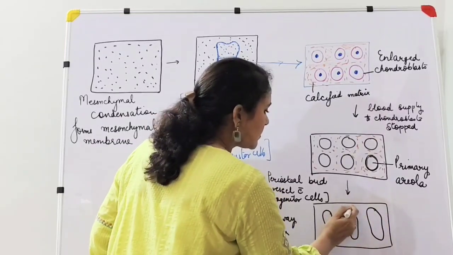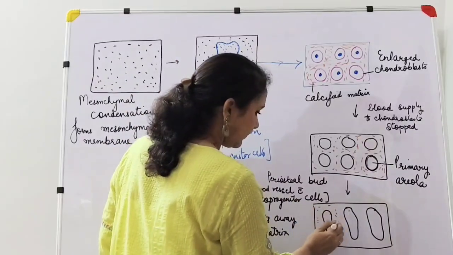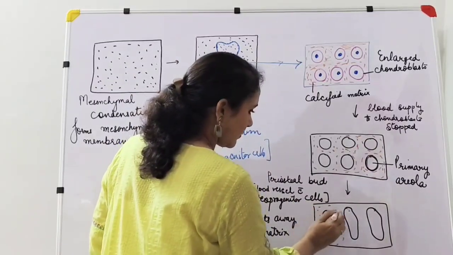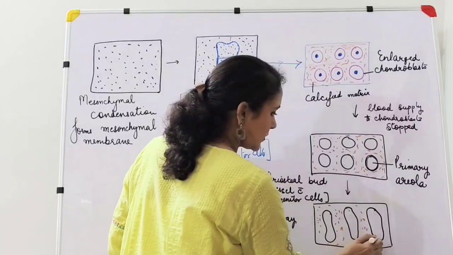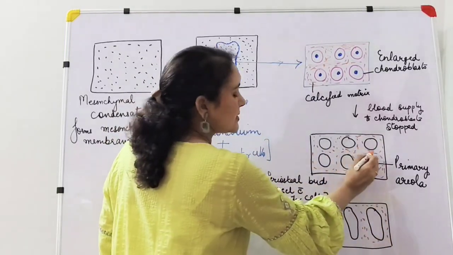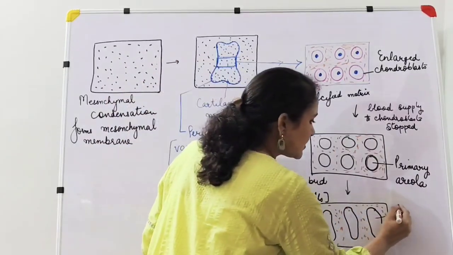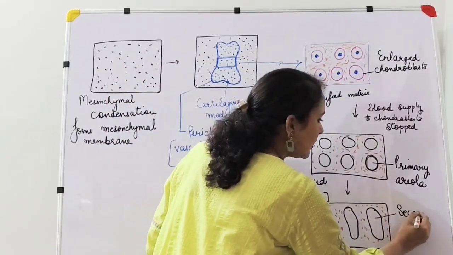Some of the matrix is left, some between the cells is eaten away, the spaces become large, and now these spaces are called the secondary areola.